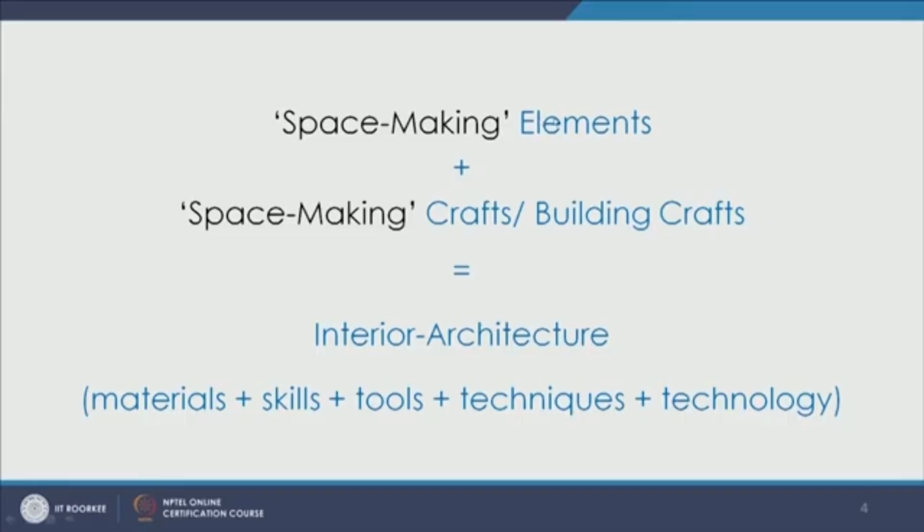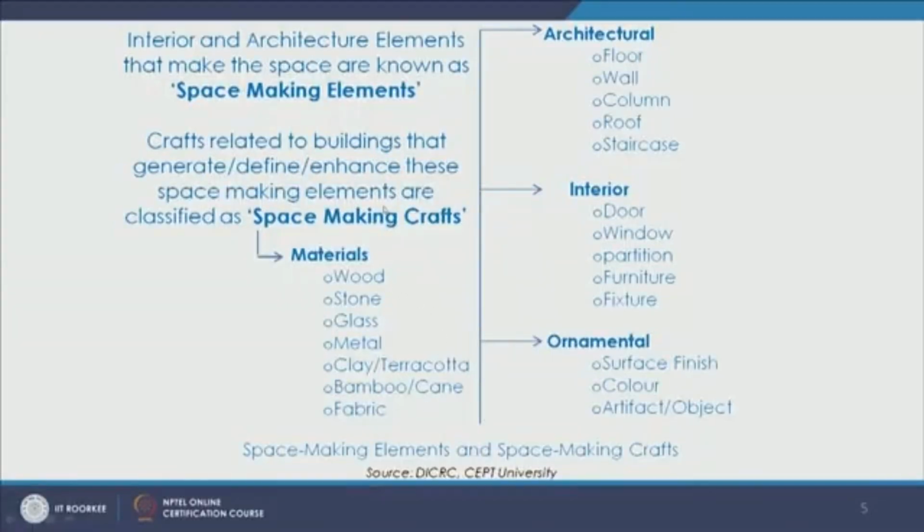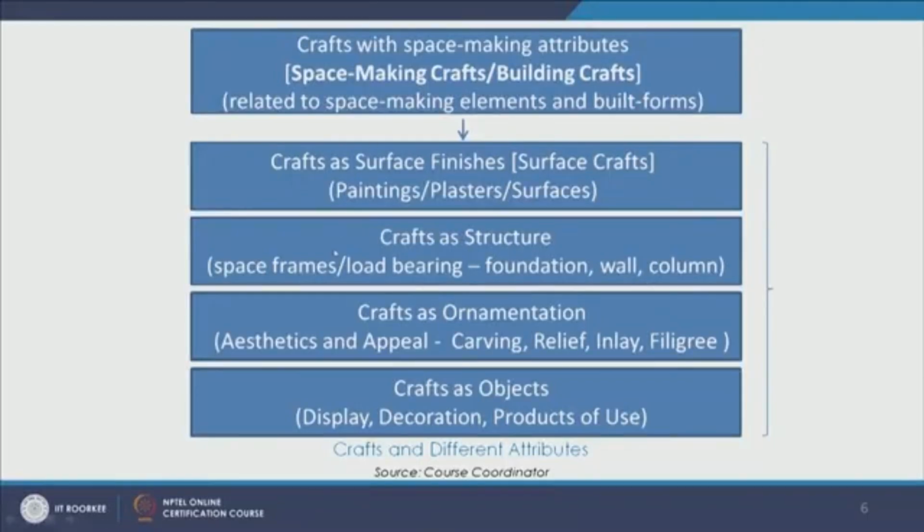Now keeping in mind these space making elements, space making crafts or building crafts, what are these? What are the different materials which define the crafts? What could be the different attributes, and how could we see craft with different nuances?